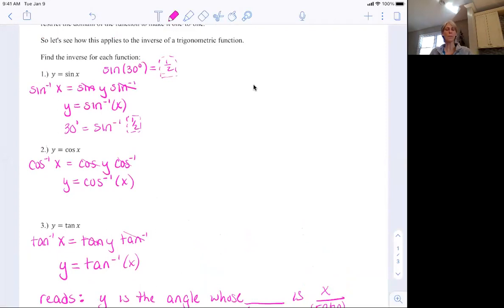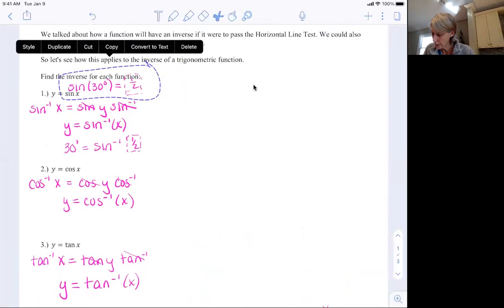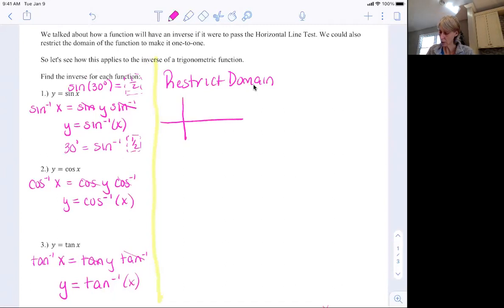Now let's talk about some of the problems associated with this. In order for a function to have an inverse that is also a function, it has to pass the vertical line test. So in each of these cases, we're going to need to restrict the domain. So for instance, when I think about the original sine curve, I know my curve goes like that and repeats itself in either direction.